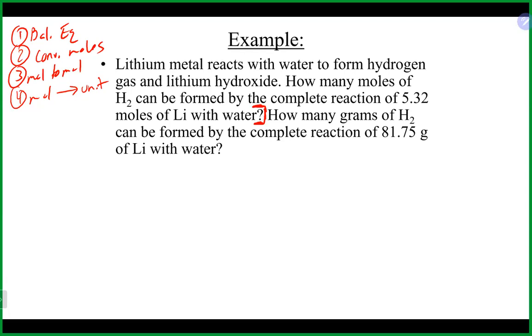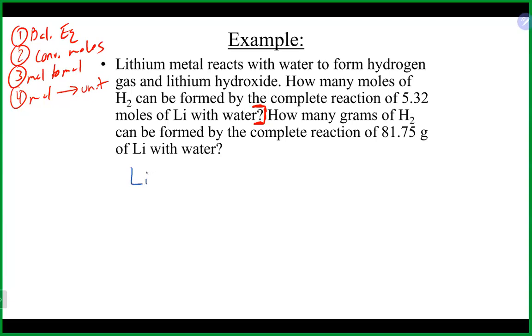Okay, let's take a look and see. So once again, we want to start with the very first step, which is balance the equation. In this particular case, we're given everything in words. We don't have the equation given to us. So again, it's really important to start with the correct formulas. So lithium metal should just be Li.